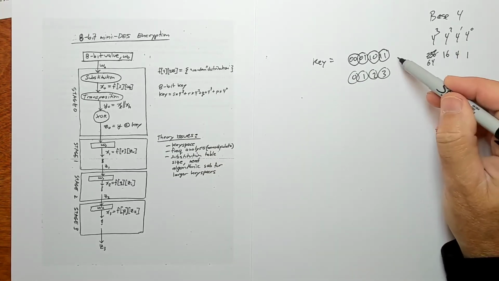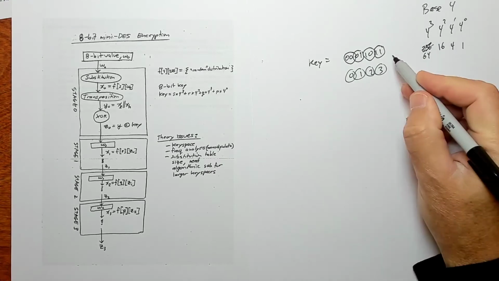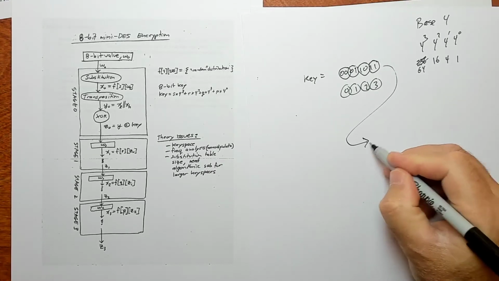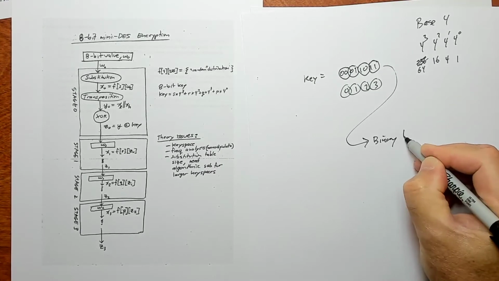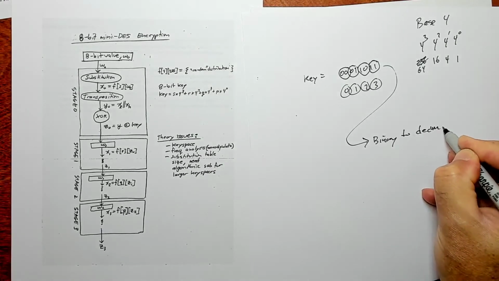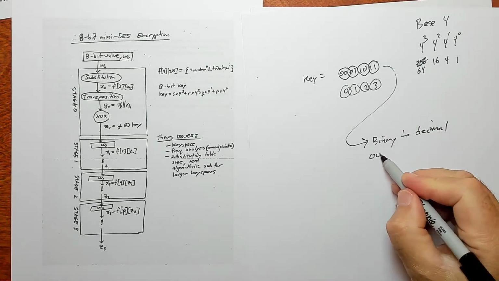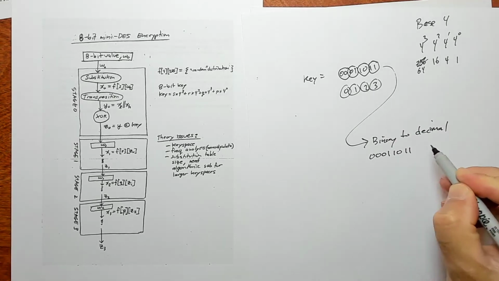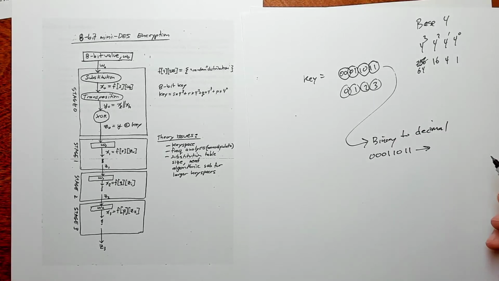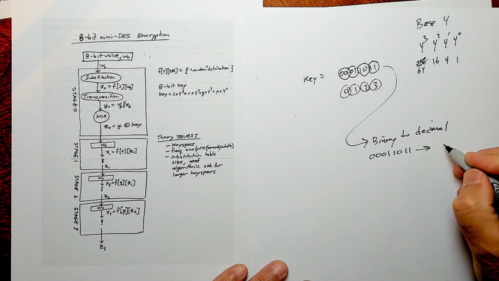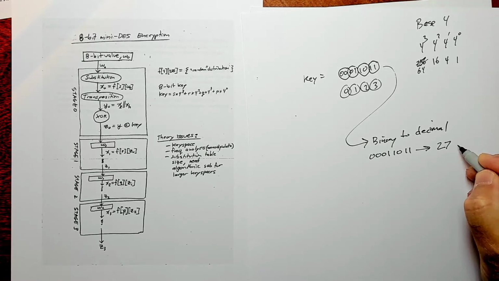If you're curious, while we're playing around with this, if we did binary to decimal, 00011011 is going to be 27.